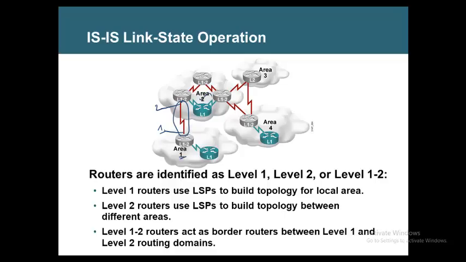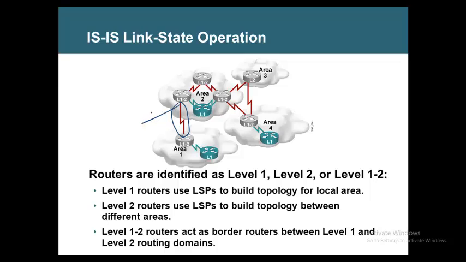ISIS allows this neighborship. So this is a very important fundamental difference. ISIS can form neighbor with the router which is in a different area.